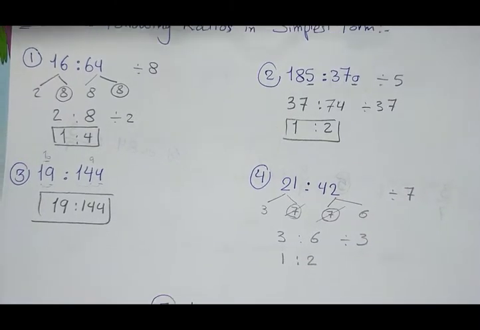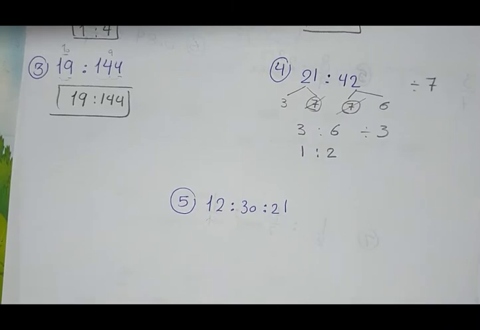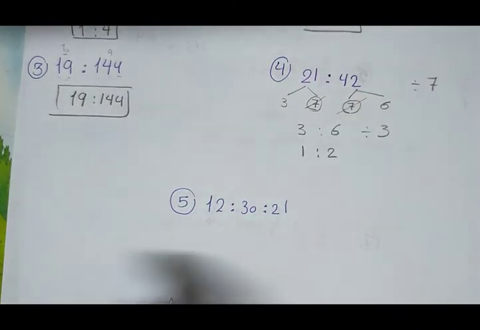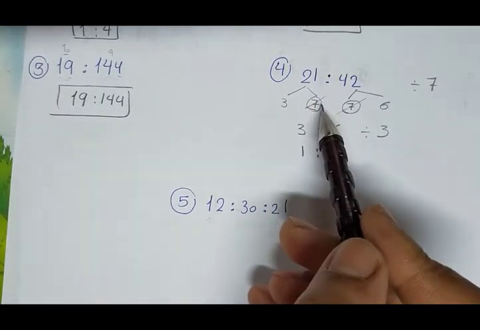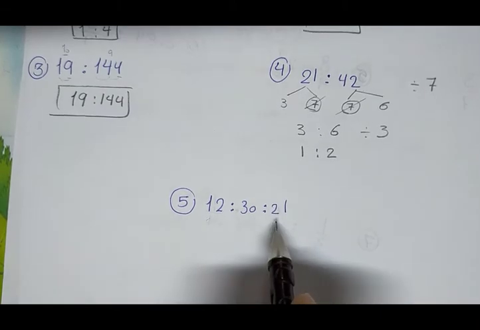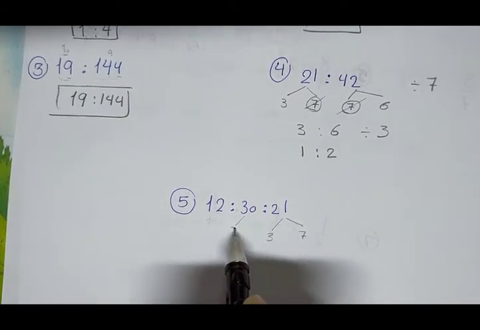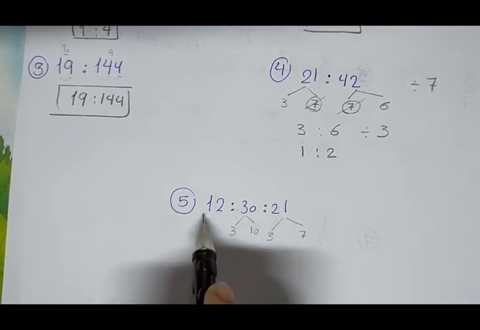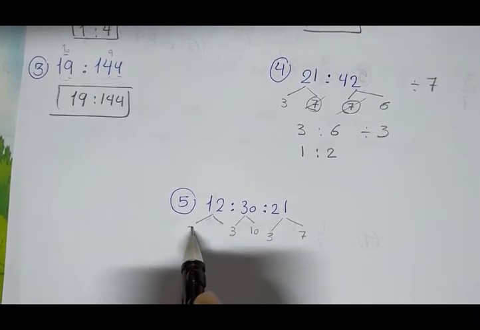The last one: if I have a ratio between 3 numbers, we do the same as with 2 numbers. هنعمل نفس اللي عملناه مع 2 number هنعمله مع 3 number. الموضوع هيبقى اسهل شوية. 21 is 3 times 7, 30 is 3 times 10, 12 is 3 times 4.